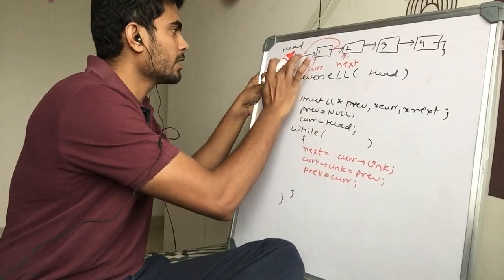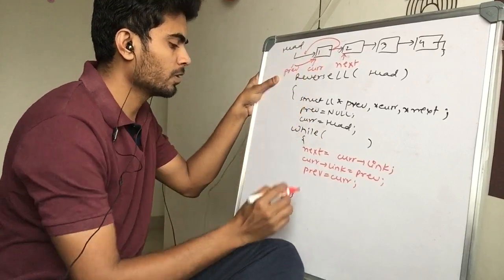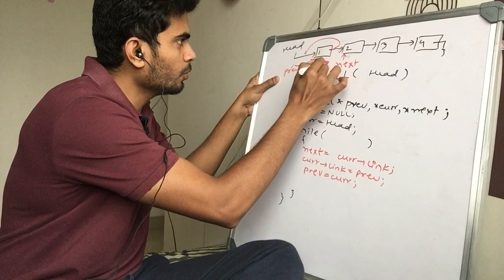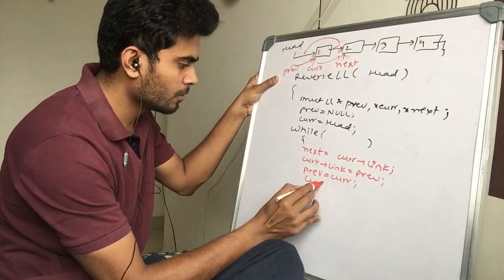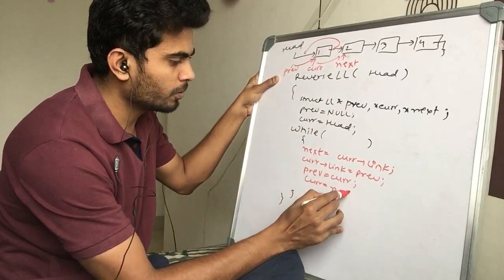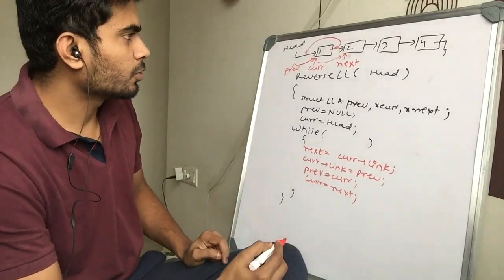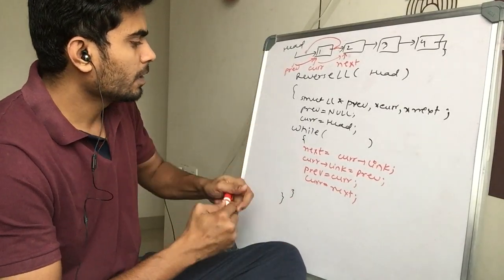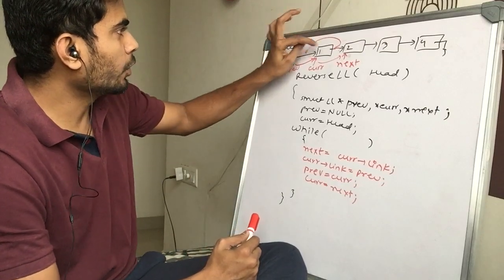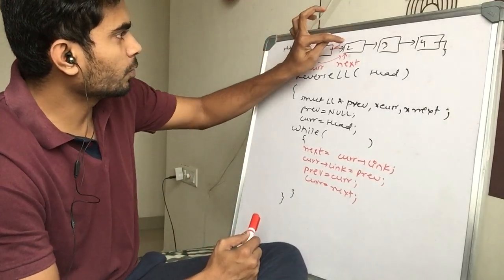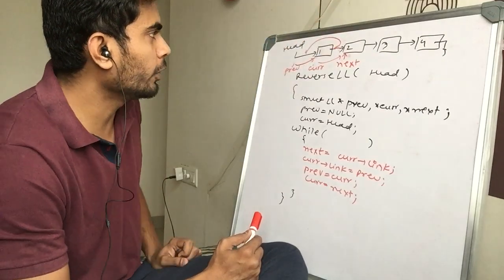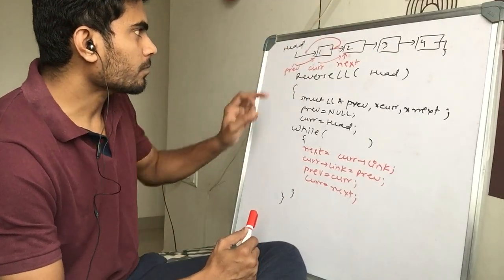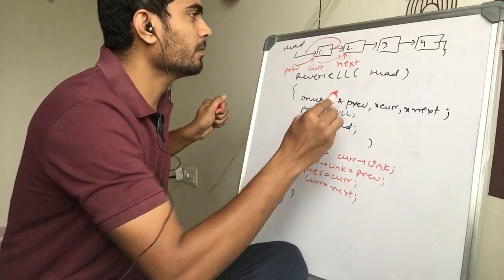So this previous is now pointing to this node, and now I can shift the current to here by current equals next. Now in this loop, what is the current condition? Previous is pointing to this, current is pointing to this node, and next is also pointing to this node.